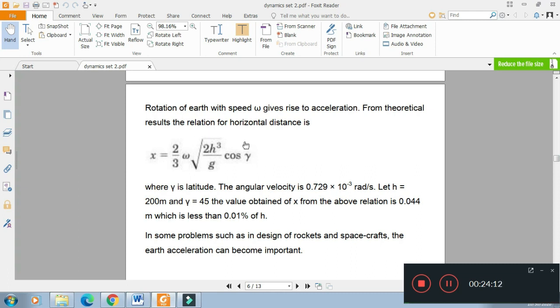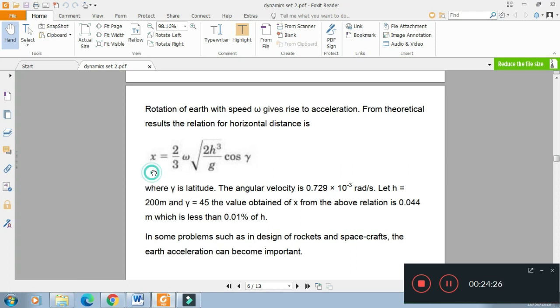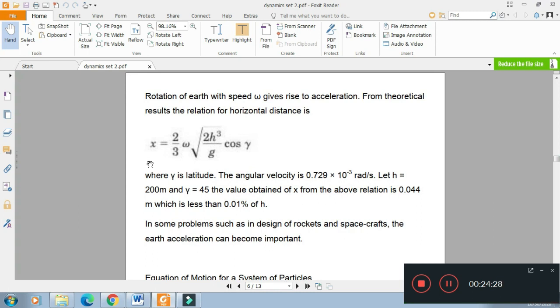This relation was proposed by earlier scientists: when the earth is rotating, there is a difference in the horizontal location between the exact location where the particle falls and the location on the earth which was exactly below the initial position of the particle. In this equation, h is height, omega is angular velocity, and gamma is latitude.